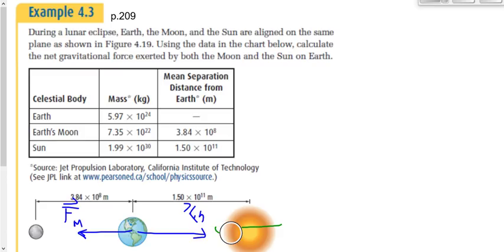Now, what comes next? We've drawn that force diagram, as Patrick called it, the free body diagram. What comes next? We need to get those forces. We need to get the values of those forces. The force of the moon on the Earth, Fm or Fme, is G times the mass of the moon times the mass of the Earth, over r squared.